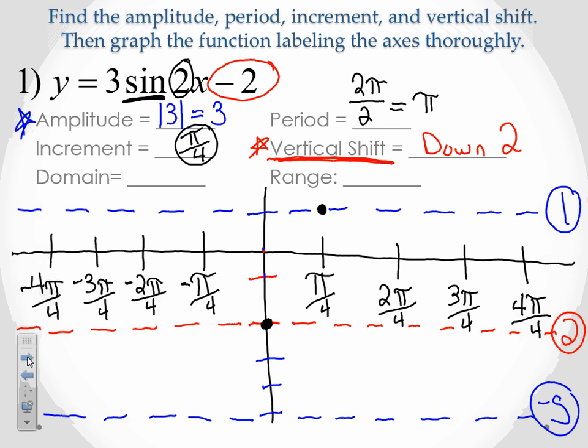Now we're going to come back down to the middle, so our midline. And then we're going to go all the way down to the amplitude at -5. And then we're going to come back up to our midline, so we're stopping and starting in the same spot. Connect our points here.